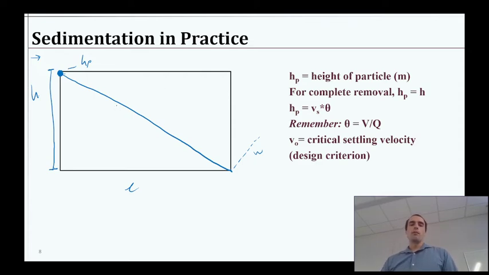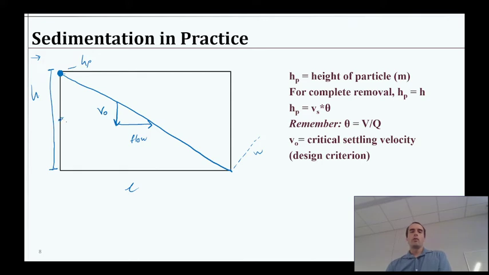So if we think about the downward component of this slope, the horizontal has something to do with our flow. That's the flow speed. The downward component for this particular line is what we call V naught. That's our critical, our design settling velocity.